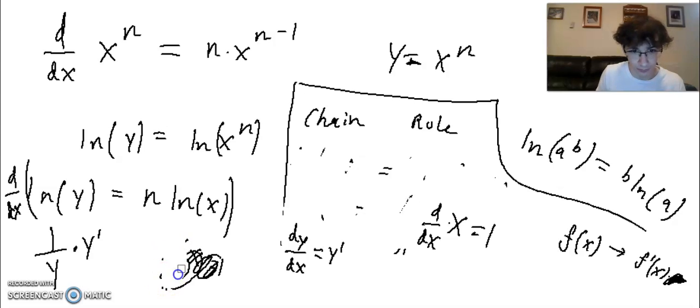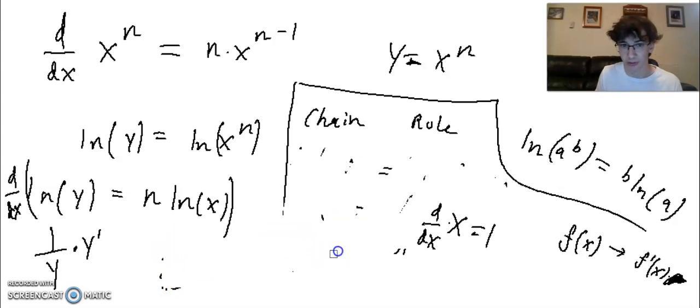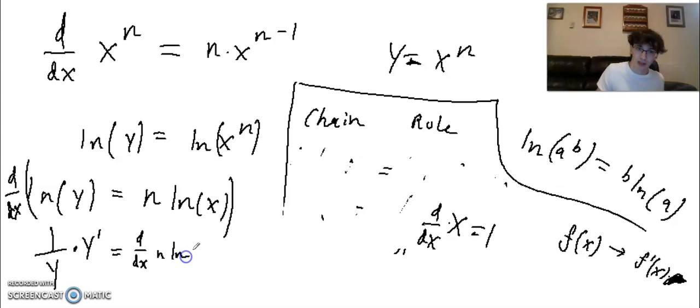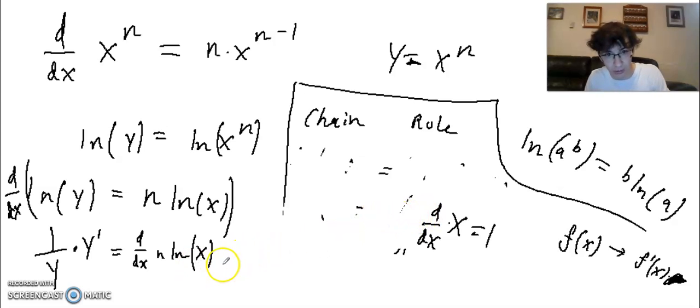So let's just erase that real quick. Then we take the derivative of the other side, n ln of x. If we take the derivative of ln of x with respect to x, we just get 1 over x.